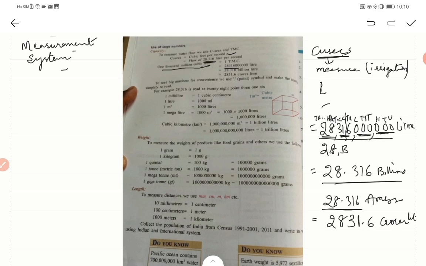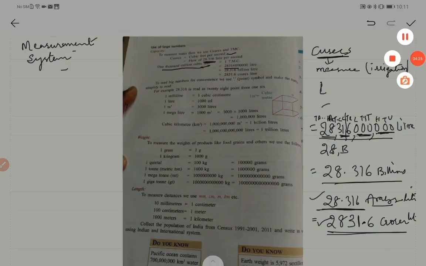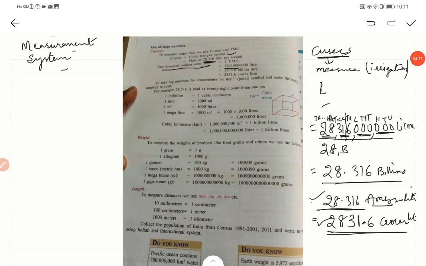You can write in the Indian system as 28.316 Arabs of liters. Normally we are not using Arabs, we are using it till crores, so you can write this as 2,831.6 crore liters. You can write in this way or in this way. We use these points just to make it easy for convenience, and for reading of big numbers. Okay students, I hope this is clear.